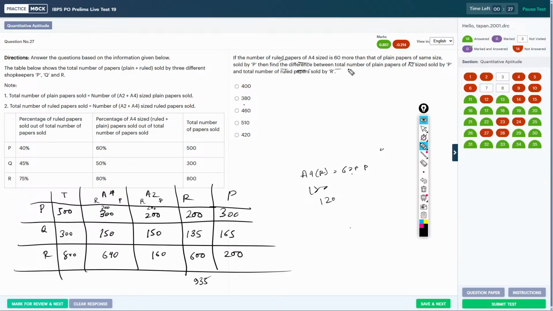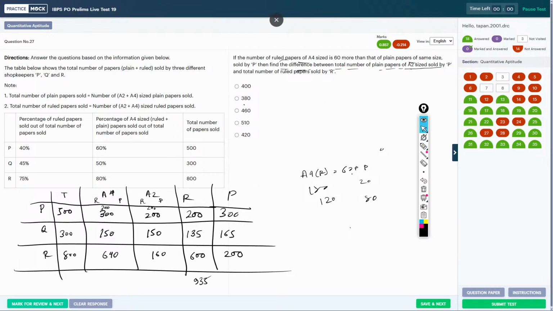Find the difference between the total number of plain papers, plain papers of A2, so 80, and ruled, no, this is 300, total 500, so not getting it.